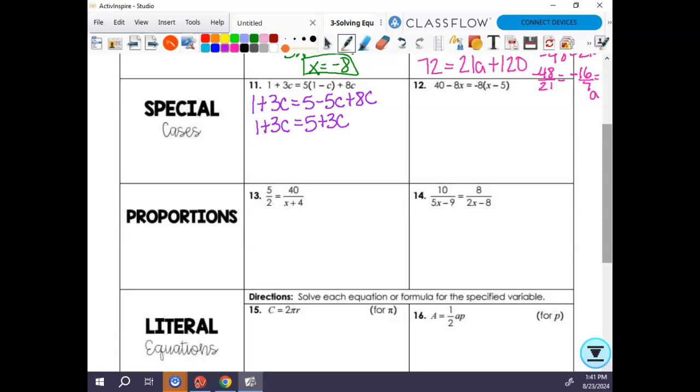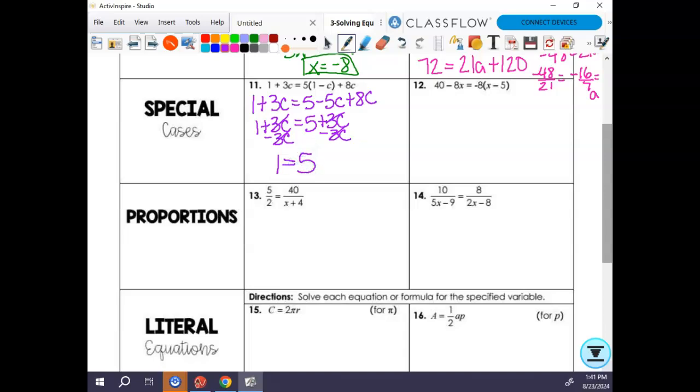Okay, so when you get here, 2 different things could happen depending on whether you move the number first or you move the variable first. But if I'm going to subtract 3c from both sides, those zero out, I get 1 equals 5.